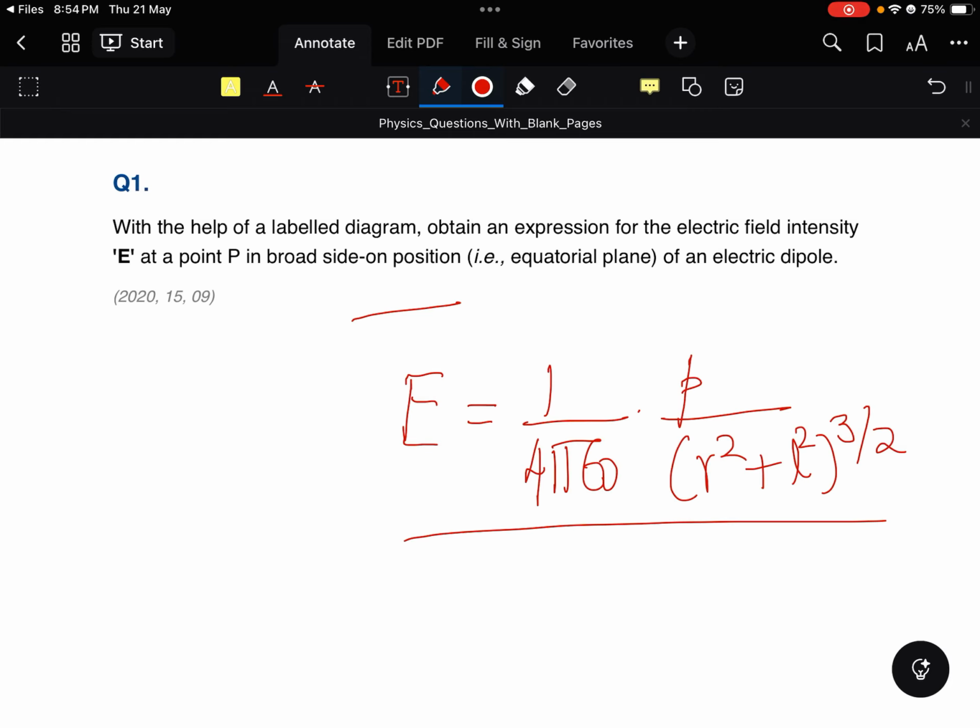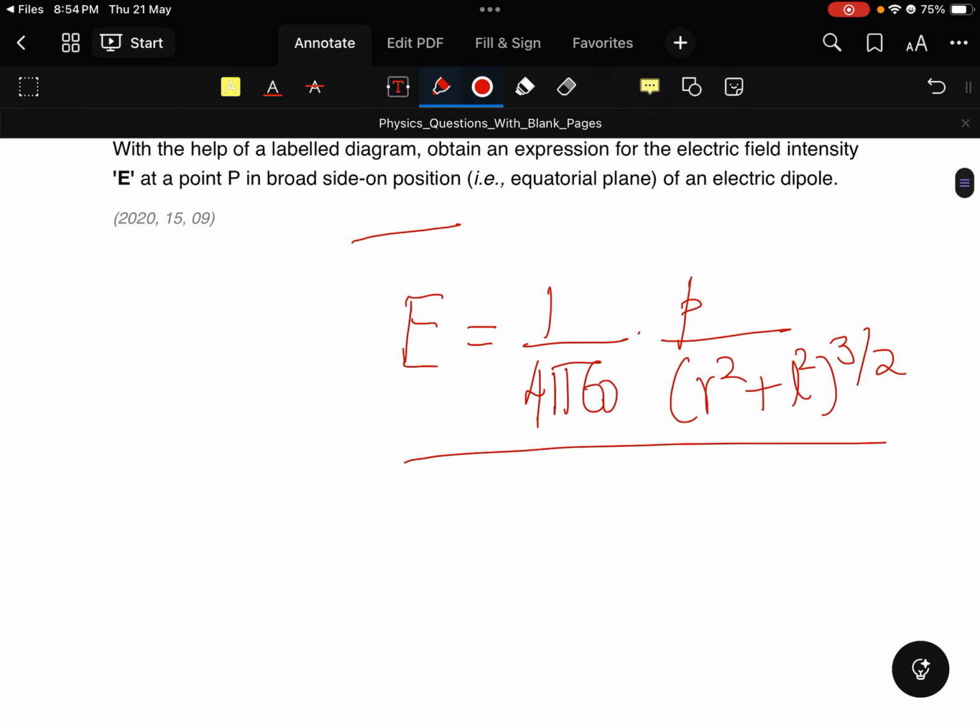With the help of the labeled diagram, obtain an expression for the electric field intensity E in the broadside-on position. Broadside-on position means equatorial position. This I have already explained in the class.